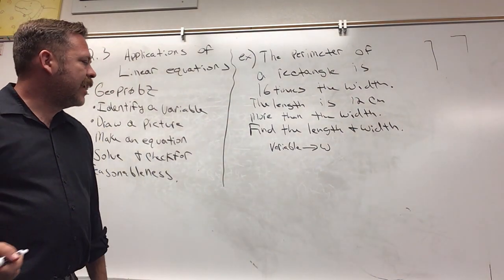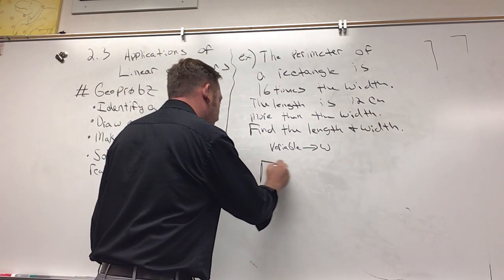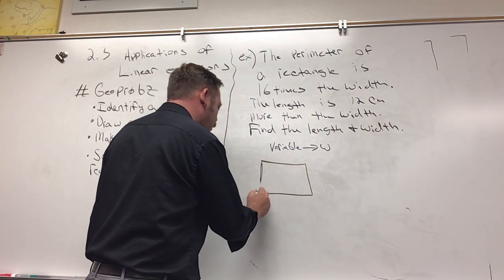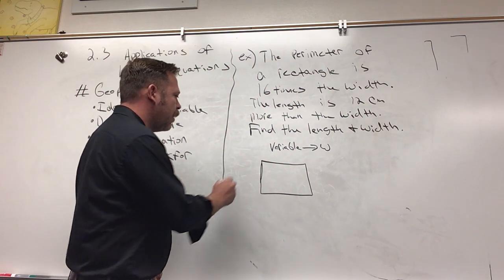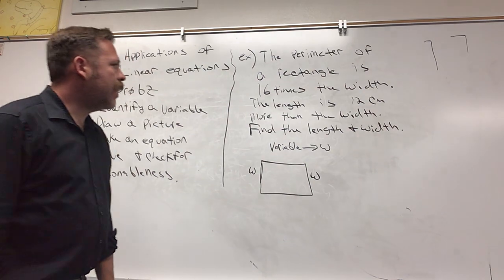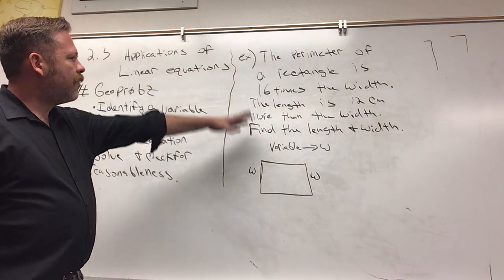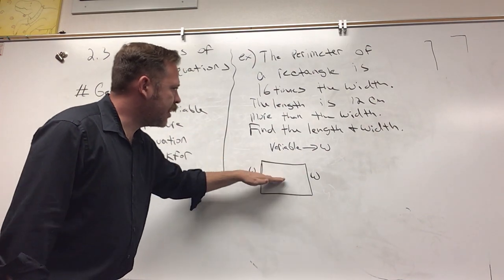And this is a rectangular shape, so let's draw a rectangle. Here we go. In that rectangle, I can call this W and this W, okay? Now, let's look at the information in the problem. The length is the longer side of this rectangle, right?